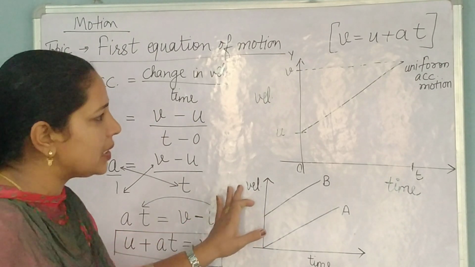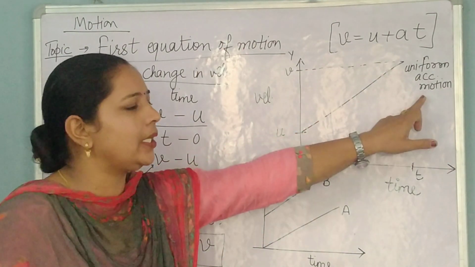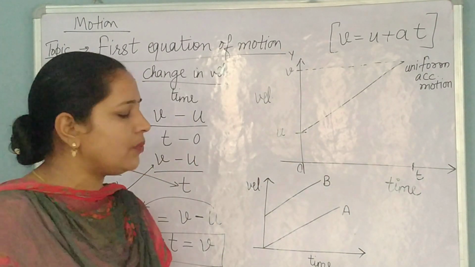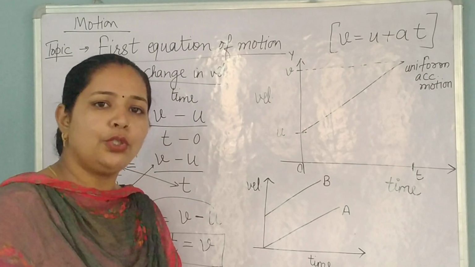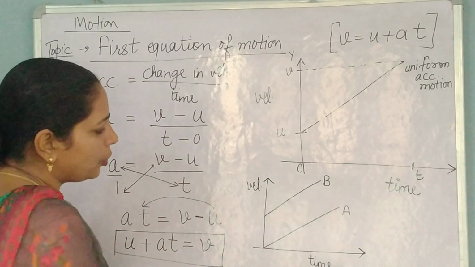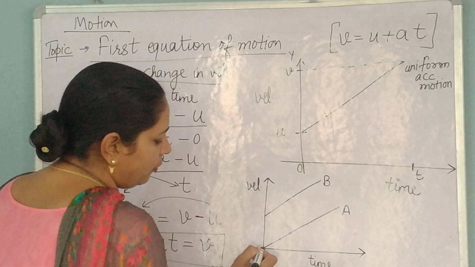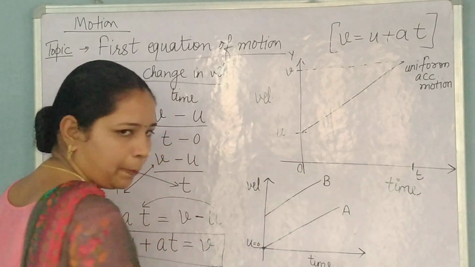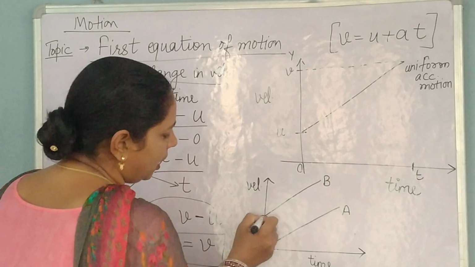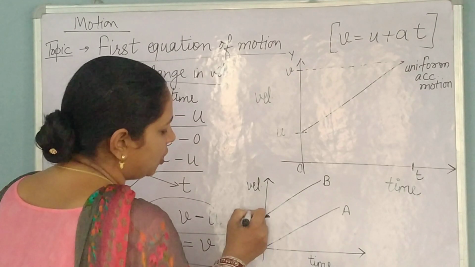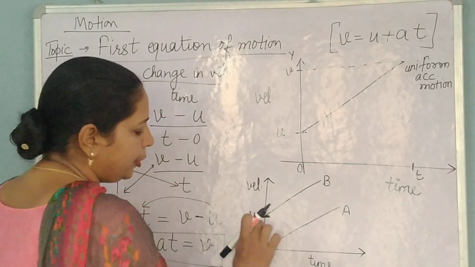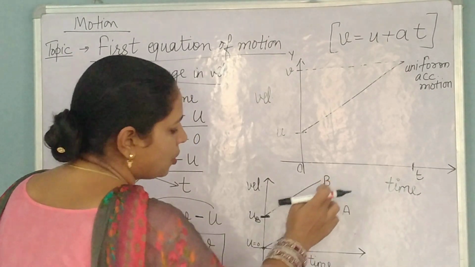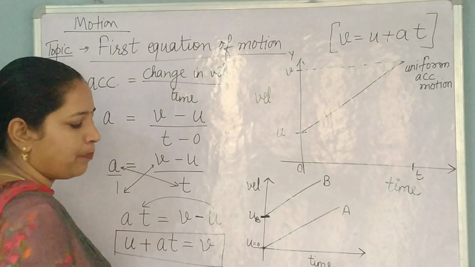Both the graphs represent uniform accelerated motion, meaning velocity is changing continuously with respect to time in a uniform manner. But for body A, the initial velocity is 0. It will start from the origin here. But for body B, there is some value of initial velocity, that is u_B. And then they both are changing their velocity with respect to time.